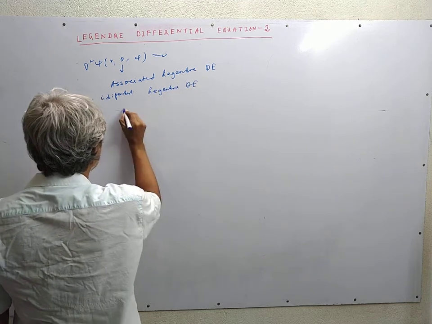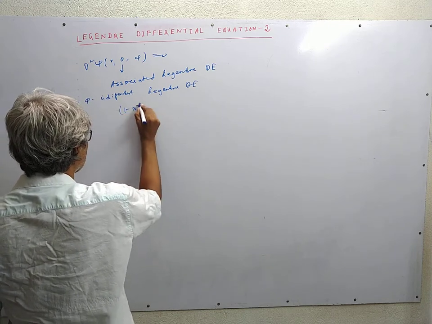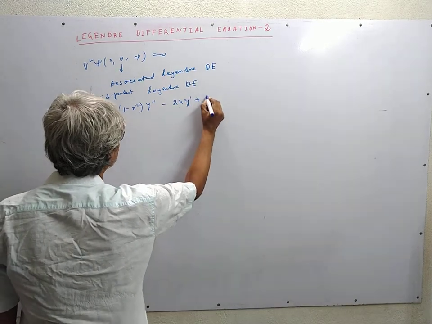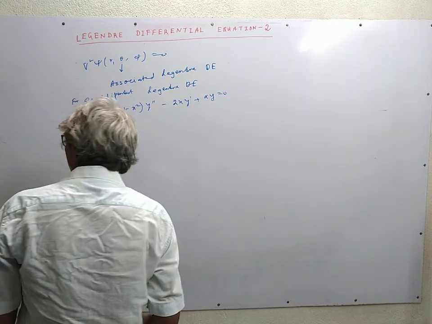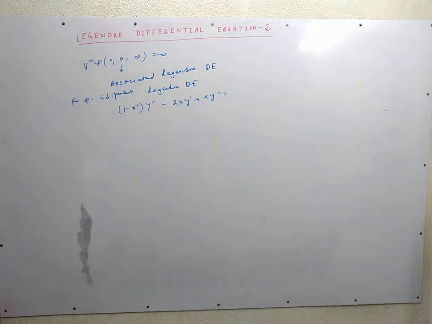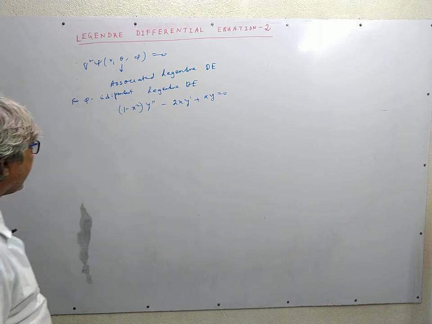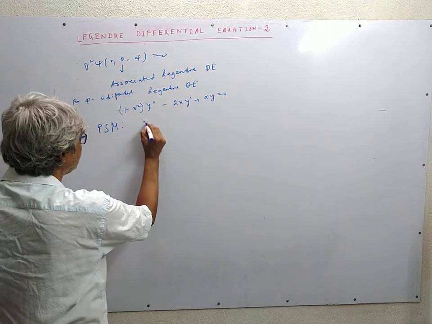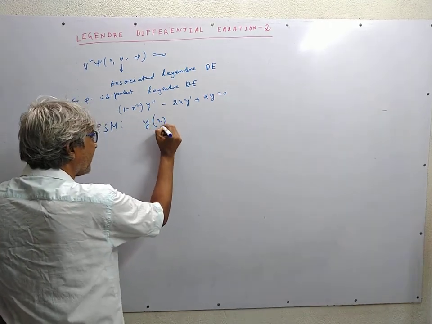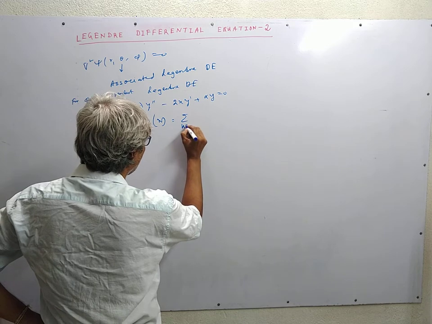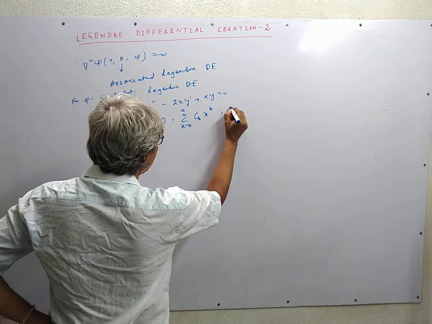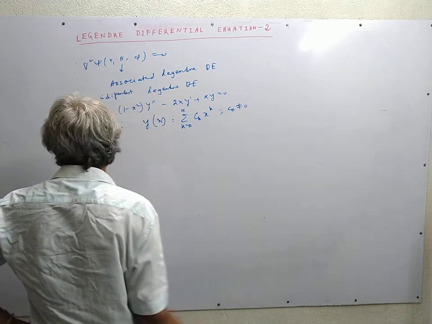The Legendre differential equation is (1 minus x square) y double prime minus 2x y prime plus alpha y is equal to 0, where alpha is any real constant. x is equal to 0 being a regular point, we applied the power series method for its solution, and we assume that y of x is equal to summation over k from 0 to infinity c_k x to the power k with c0 not equal to 0.